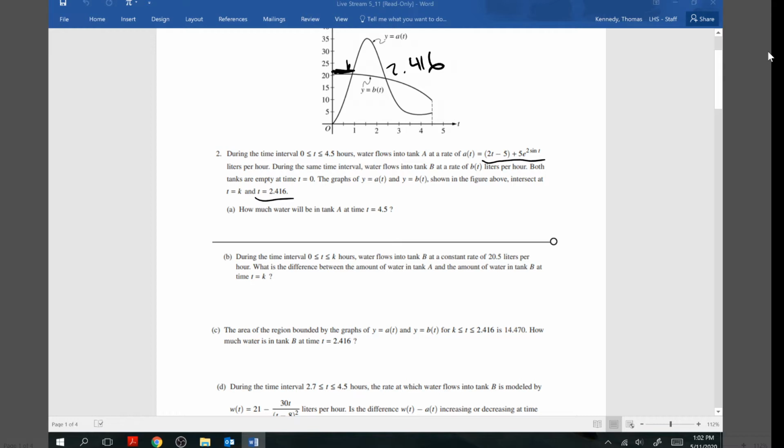Anyways. Oh, whoops, I skipped A. How much water will be in tank A at time t equals 4.5? That makes it way easier. Oh, yeah, Ethan. Right. So how much water flows into tank A is an integral from 0 to 4.5 of A of t dt. And that's all you have to do for that one.